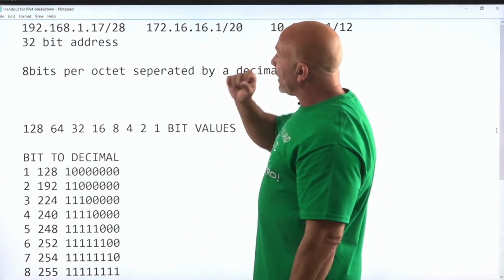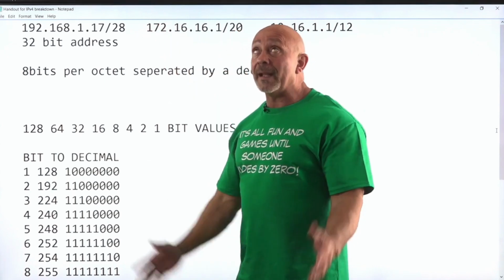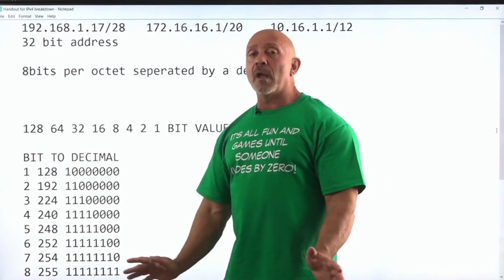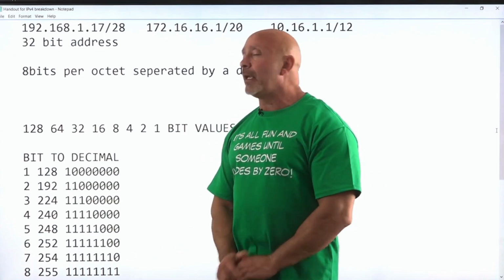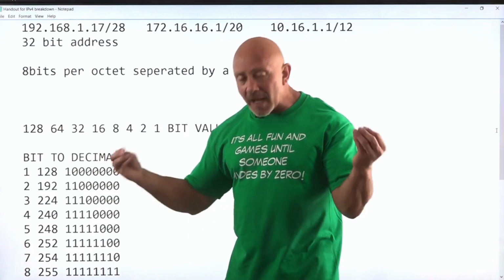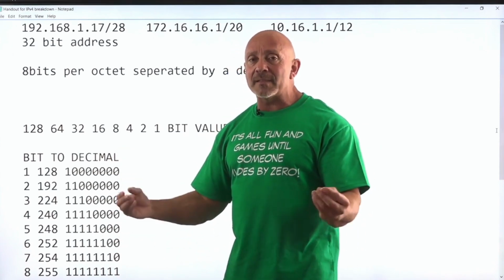All right. Another thing, the subnet mask. And I've had this argument, discussion, whatever you want to call it, for years upon years. The mask, the subnet mask, does not make the type of address.